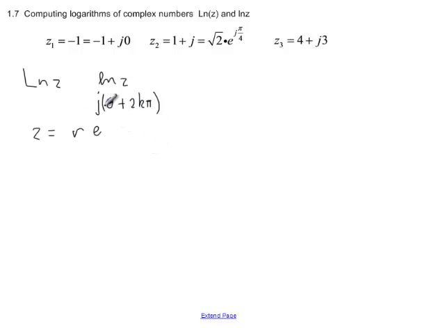Now, if you think of the idea of calculating a logarithm there, what did you do? You would say, let's use this one first. I would say capital LZ equals capital L of r e to the power j brackets theta plus 2k pi.